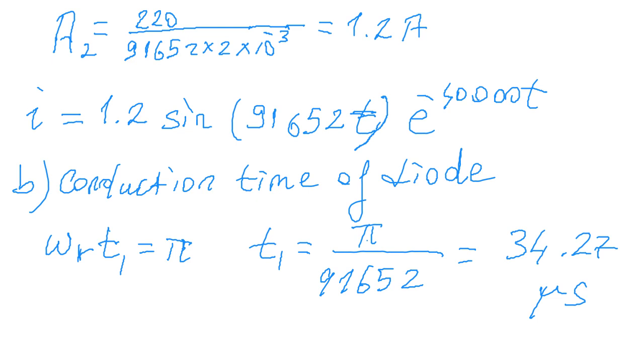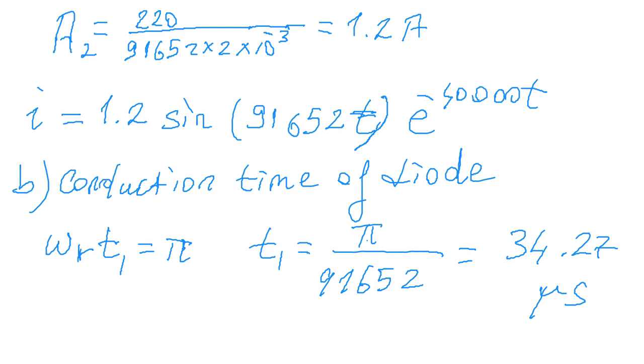Bir bakacağım şeyinize. Problemi bir daha bir okuyayım çocuklar. I'm going to read the problem. The second order RLC network in figure has the source voltage VDC 220 volt, inductance 2 millihenry, capacitance 0.05 microfarad, and resistance 160 ohm.